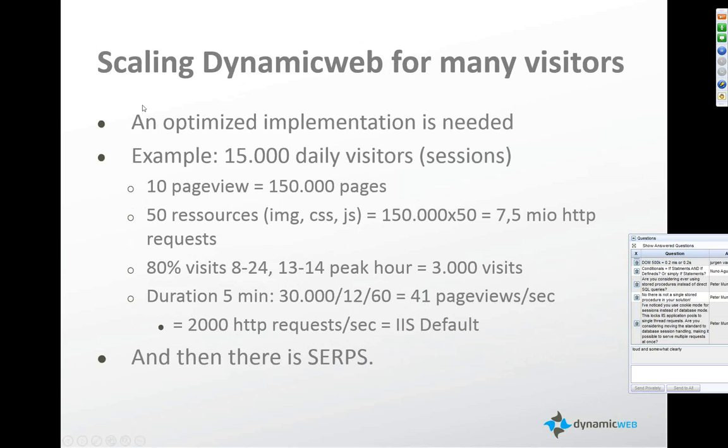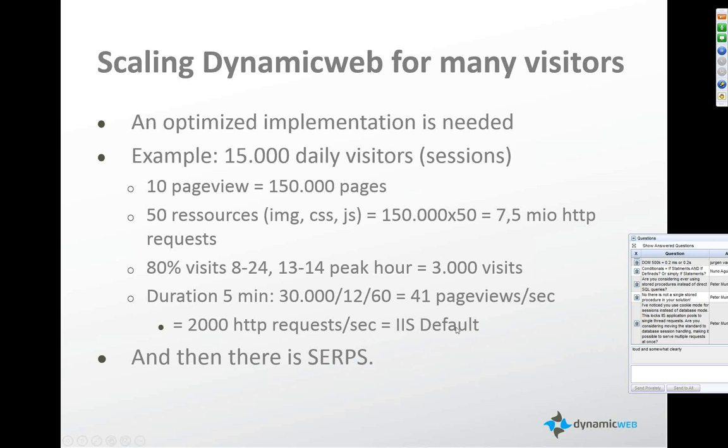So it's important to do a calculation like this, especially if you have a customer or an implementation that you know needs to take a lot of requests, because these numbers say 2,000 HTTP requests every second, which is actually the default maximum on some IIS installations.